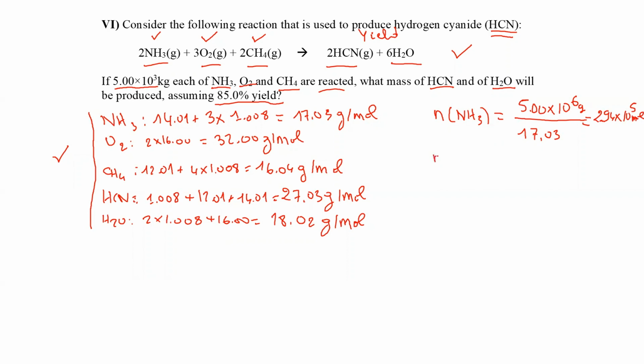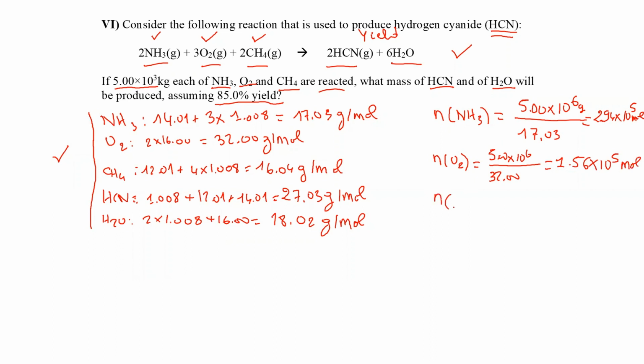Similarly, we get the number of moles for oxygen. Same mass, 5.00 times 10 to the power 6 divided by 32.00. And this is equal to 1.56 times 10 to the power 5 mole.